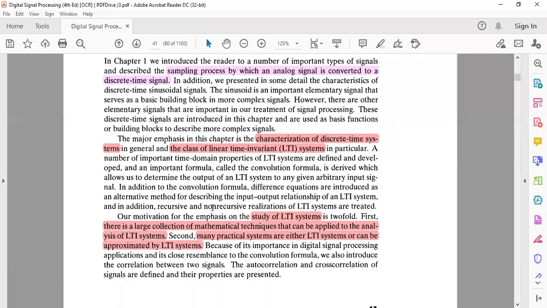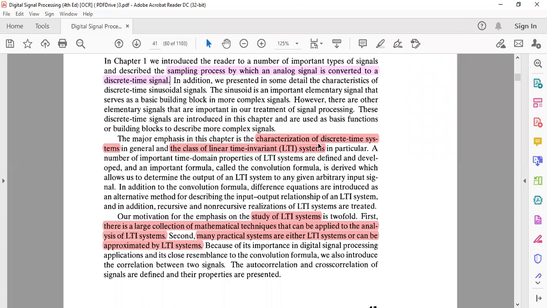So, in this chapter, we are saying that the major emphasis will be on characterization of discrete signals and systems, discrete time systems, and in general, we will look at a class of linear time invariant systems. Okay, we will look at discrete time.